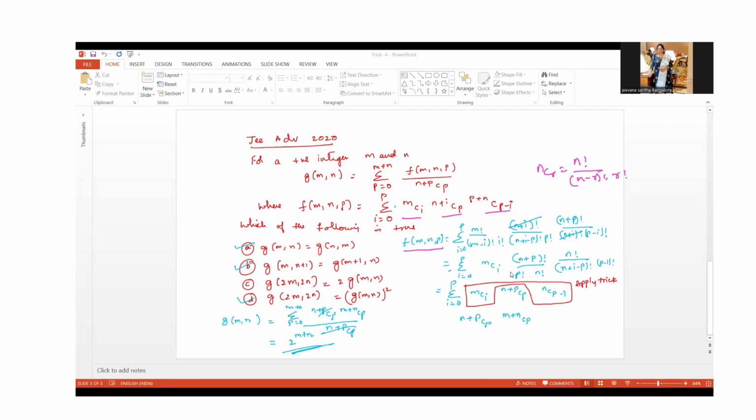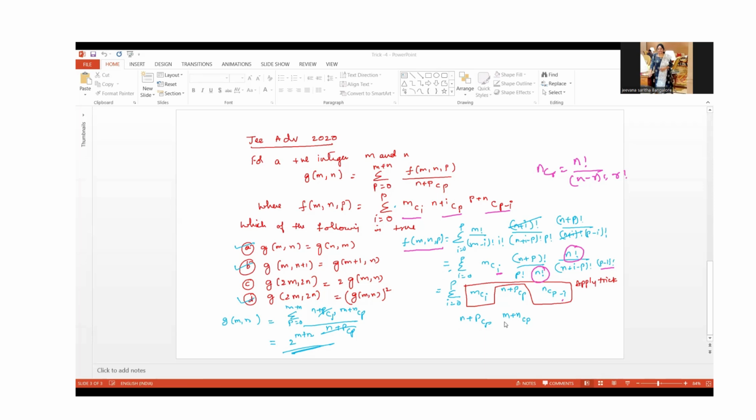There is i here, and then we have p minus i. So in order to bring in a combination of two binomial coefficients, we multiply and divide by n factorial, so that we get a product of two binomial coefficients whose base sum is fixed and it is p. With this we get the whole simplification as (m+n)Cp times (n+n)Cp.